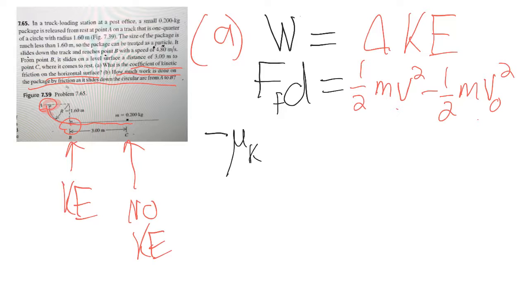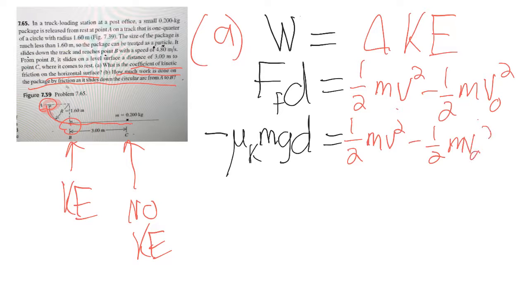Since it's on a horizontal surface, we can say that's mg, and that's going to equal the same equation that's over here, 1/2 mv squared minus 1/2 mv naught squared.